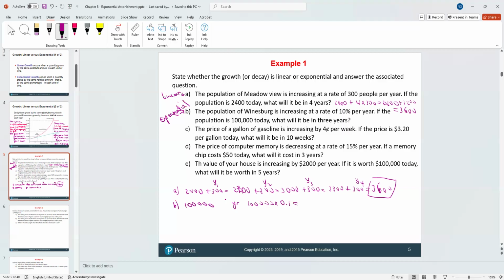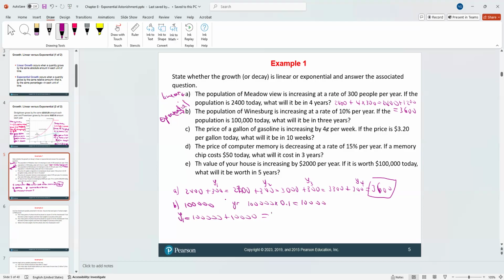So 100,000 times 0.1 is 10,000 people, right? Now, for year one, it would be 100,000 plus 10,000.